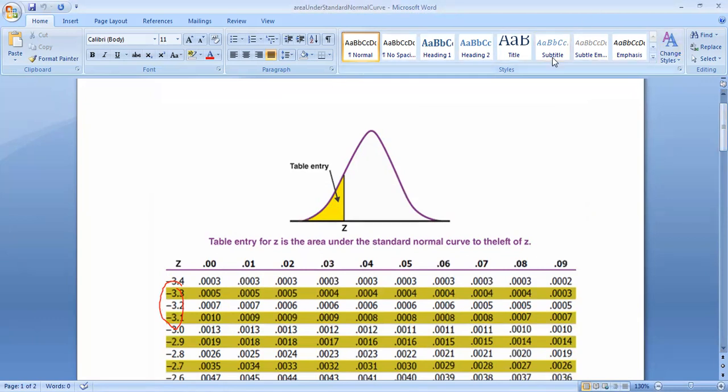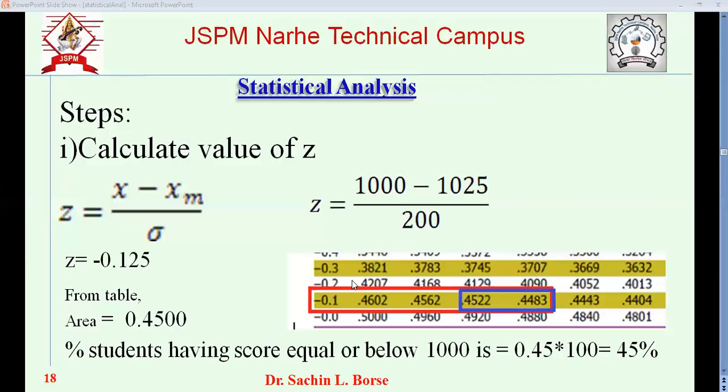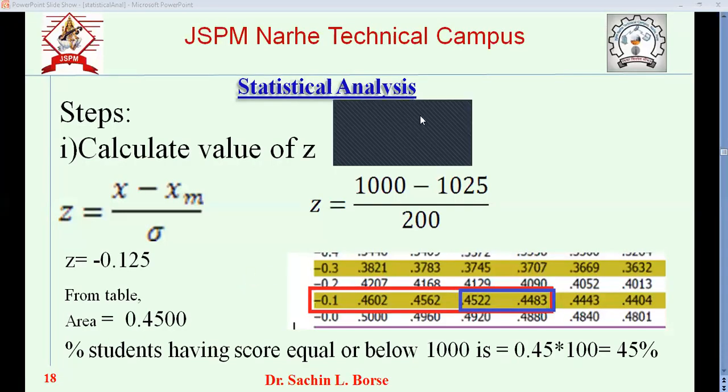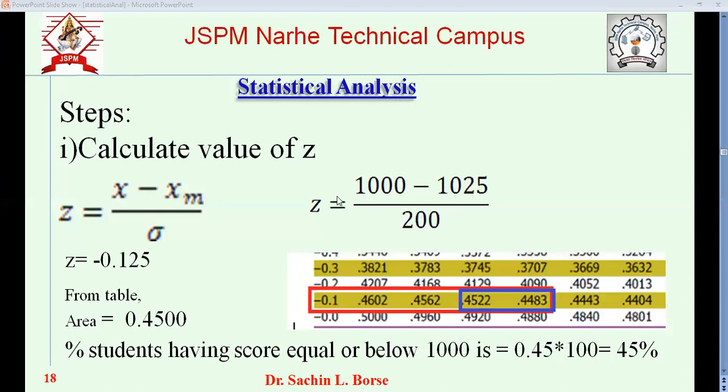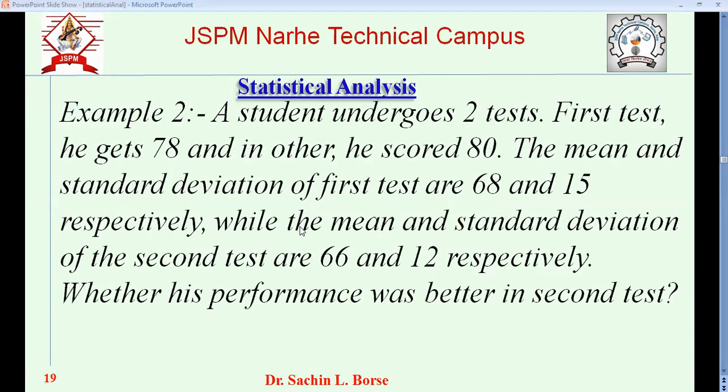So I will again go to the PPT. We'll take one more problem now, where the student is appearing for 2 exams and we want to compare in which exam he has performed better.